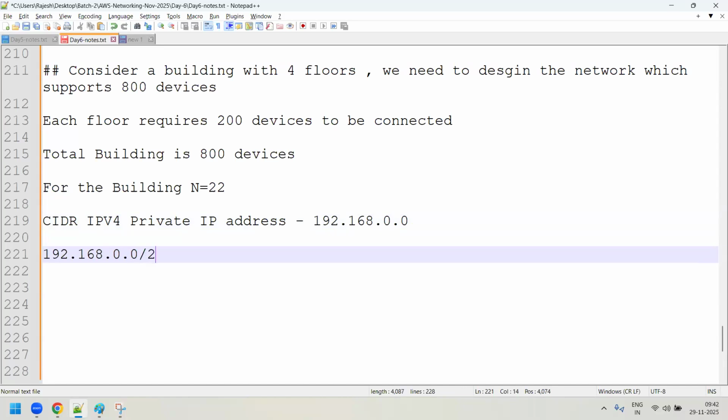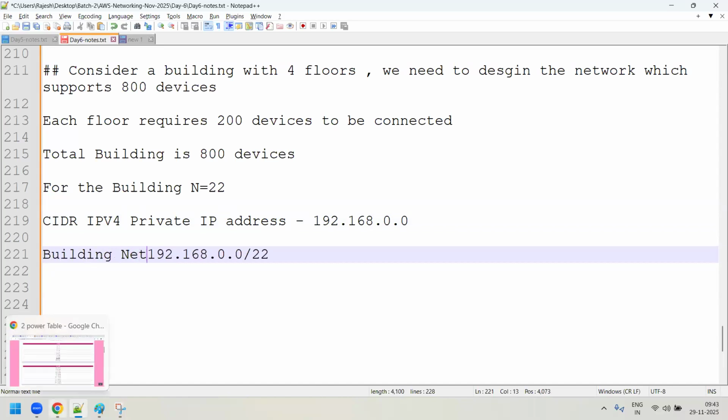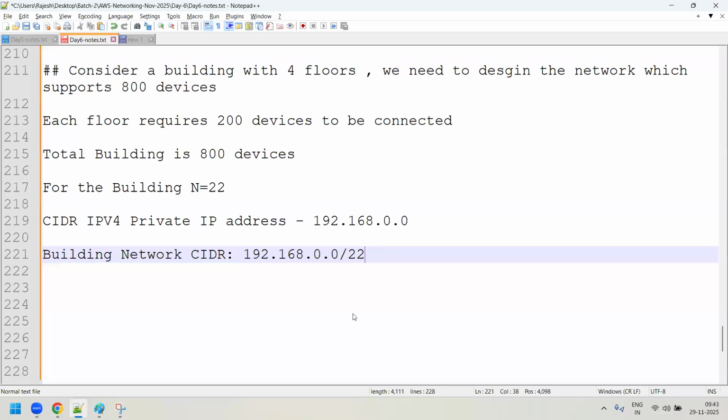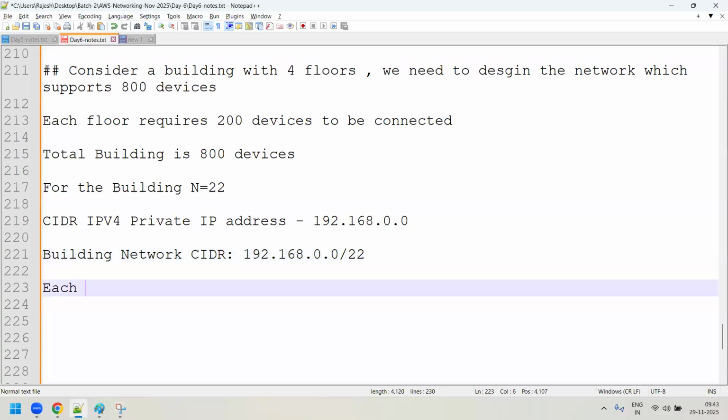I have to say /22. Am I clear, sir? This is my building network CIDR range. Building network CIDR is nothing but 192.168.0.0/22.